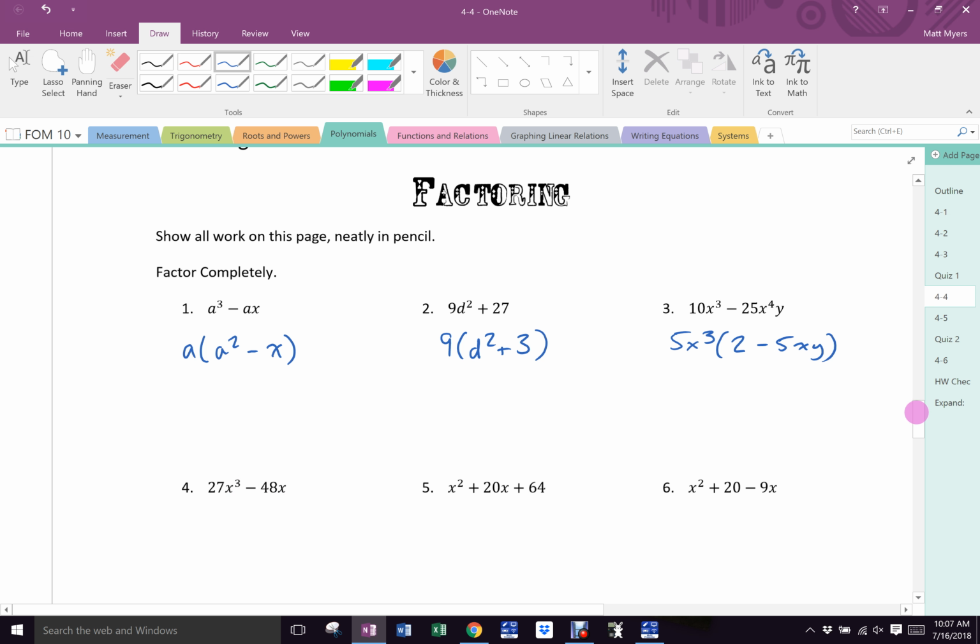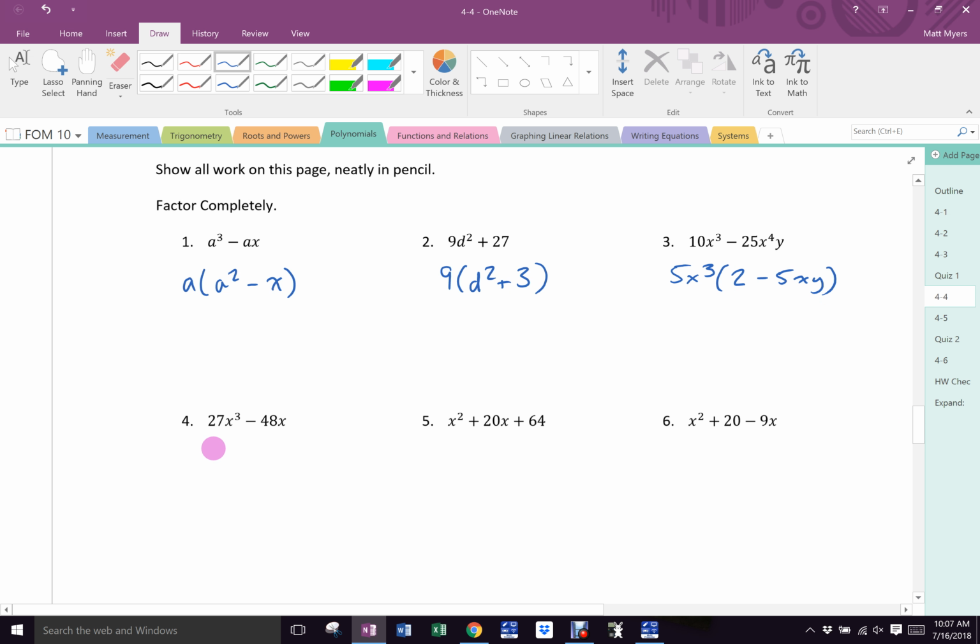What's coming out in 4? 3x. What's staying in? 9x squared minus 16. Now, some of you may take that further because you've done grade 10 already. But if you've gotten that far, you get 1 point, the 1 point that's available.